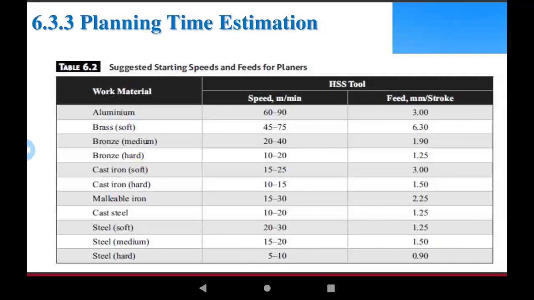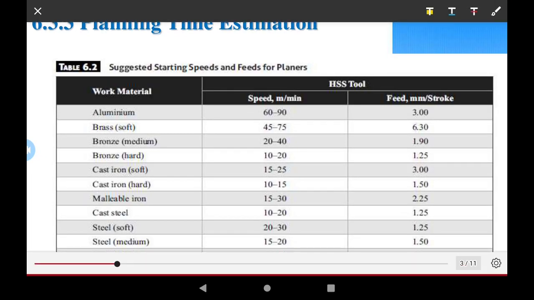Next are bronze metals: medium bronze and hard bronze. For medium bronze, the tool speed is 20 to 40 meters per minute. Hard bronze is a very strong bronze, and the tool cuts it at a speed of 10 to 20 meters per minute.